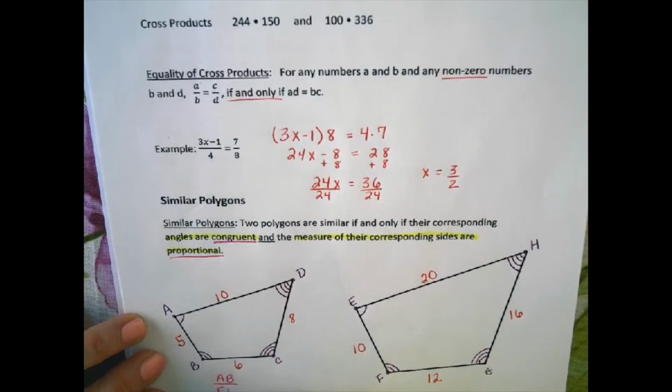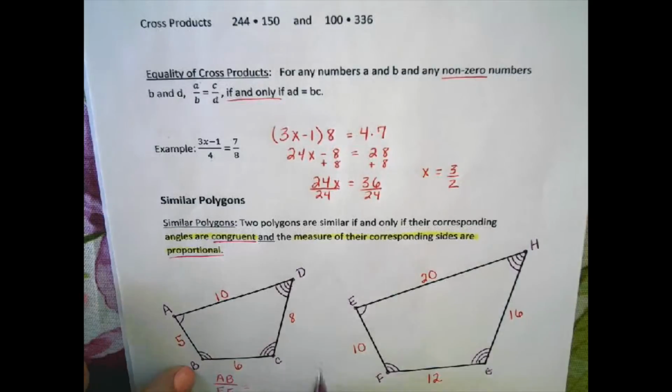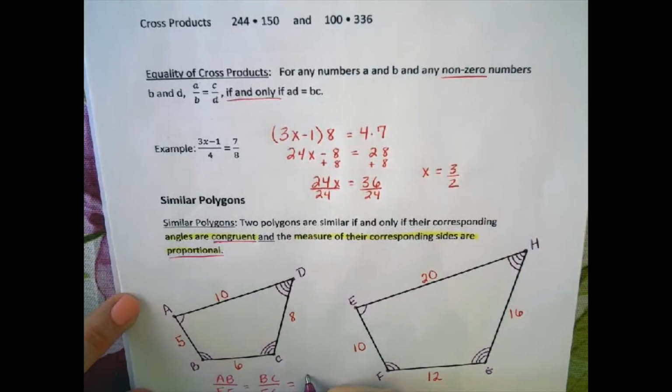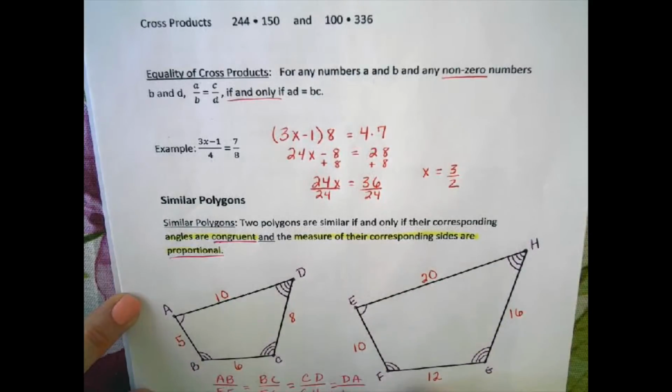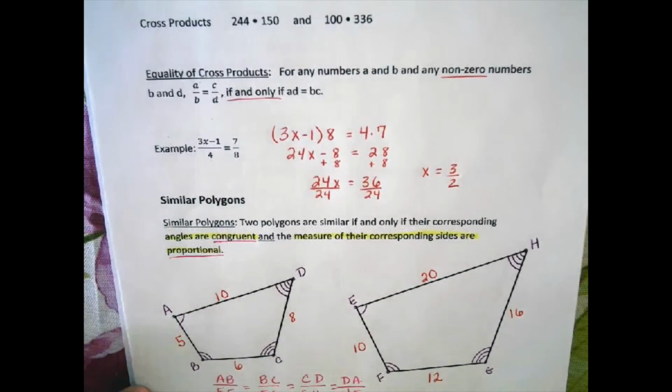This would have to be equal to the same ratio as saying side BC divided by side FG would also equal CD divided by GH, and the last two sides as well, DA divided by HE. If it's true that all of these pairs of sides are proportional, then indeed my polygons are similar.